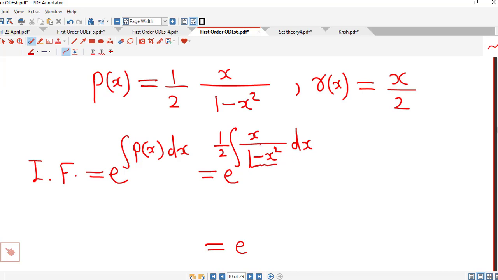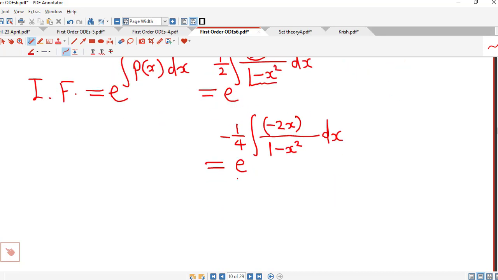Derivative of 1 minus x square is minus 2x, so we can multiply and divide by minus 2. So here this constant will be minus 1 by 4.